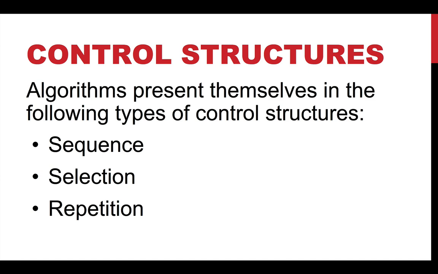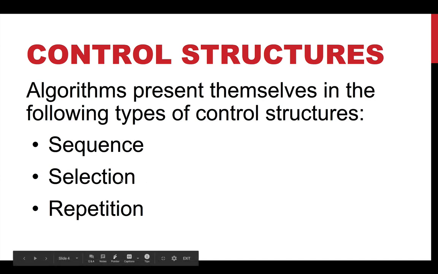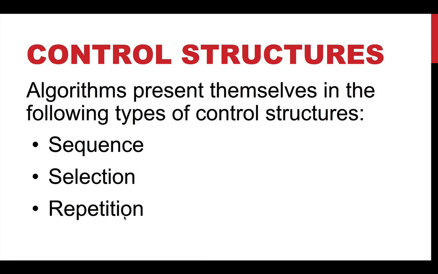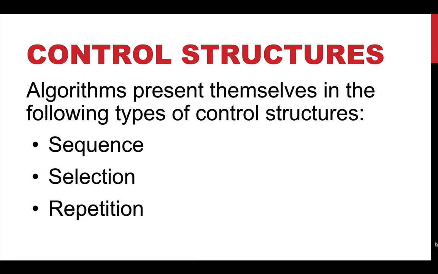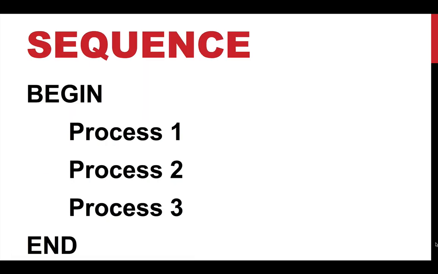For selection and repetition, there are a couple of branches off that. There are a couple of different types of selection and a couple of different types of repetition that we're going to go through today. But first and foremost, the sequence control structure is really easy logic.